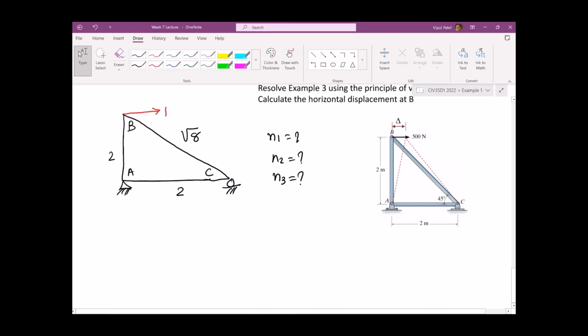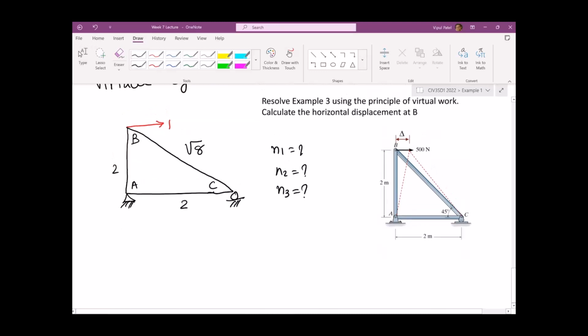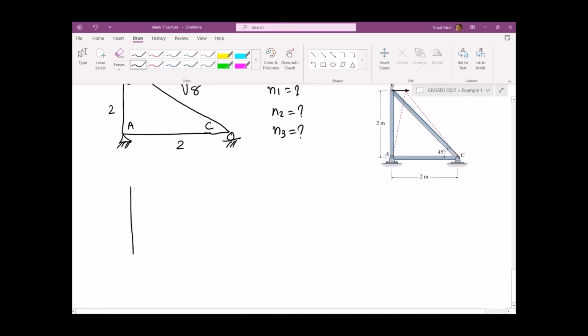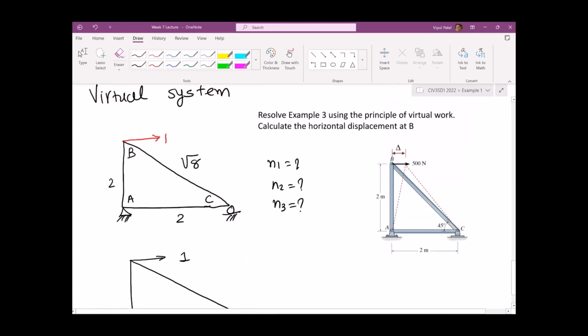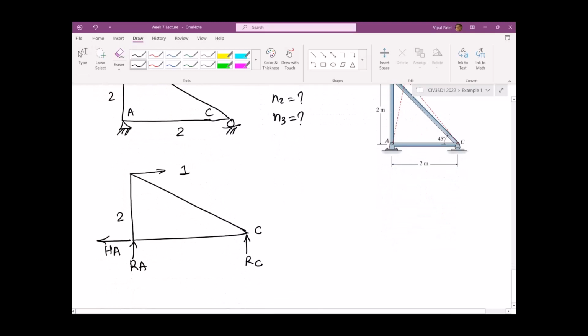So let's do the same thing. Let's draw the free body diagram first in the virtual system. So this is C, RC, this is RA, this is HA, this is 1. By the way, there is no unit for the virtual load. 2, 2, square root 8. Sum of the moment at A equal to 0, anticlockwise is positive.